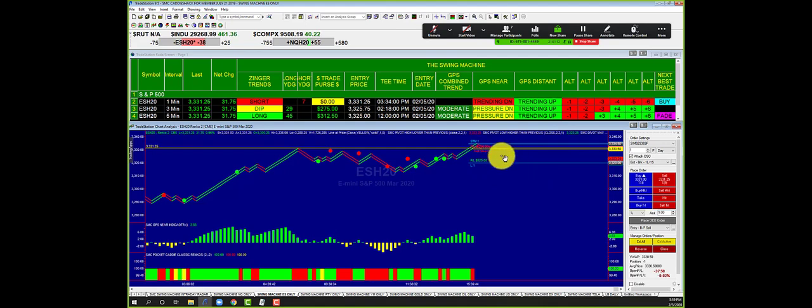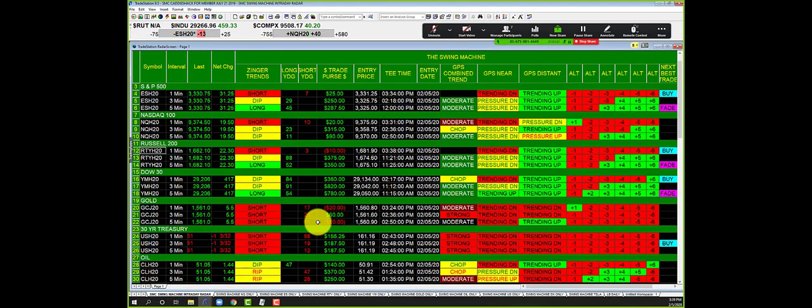I don't think this trade was set up for us, but that's not what we were trying to teach or show. So we're going to go back here to the radar, and that's really it.